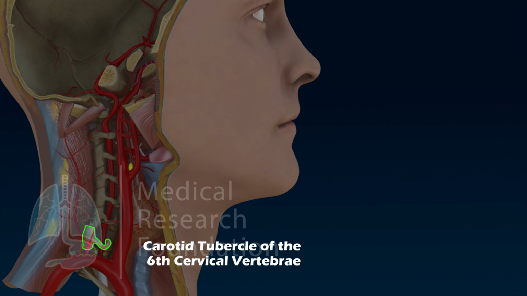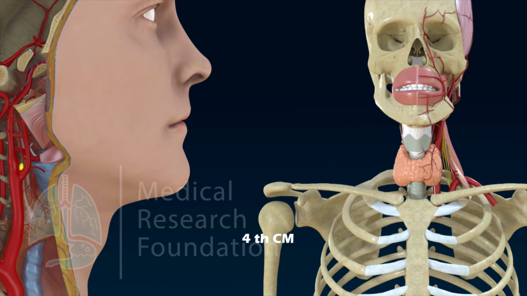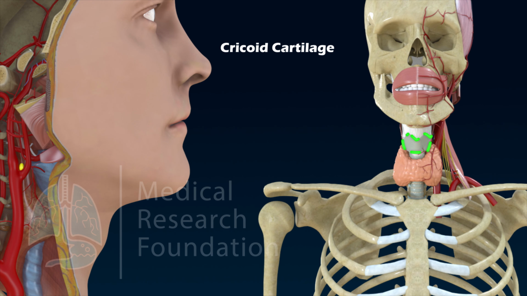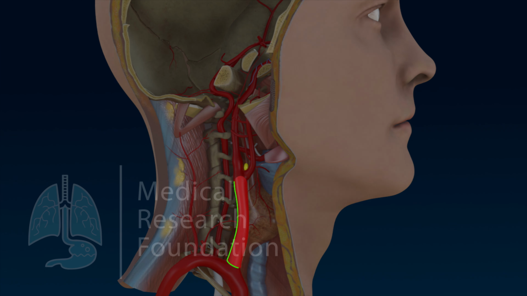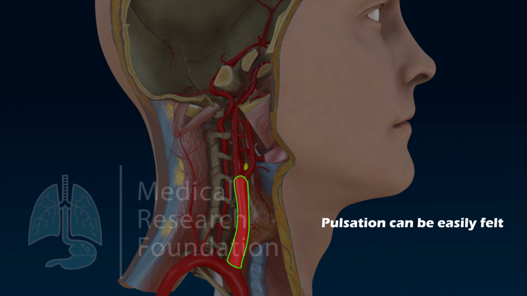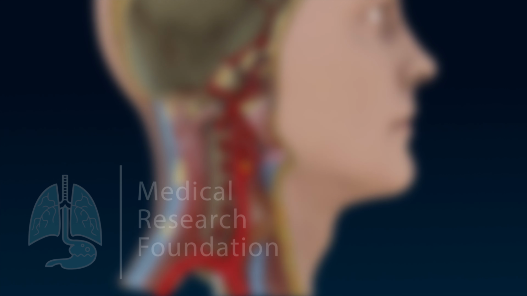The carotid tubercle is located about 4 centimeters above the sternoclavicular joint, at the level of the cricoid cartilage. Above this level, the common carotid artery is superficial, and hence its pulsations can be easily felt. The carotid pulse is the most constant pulse in the body.